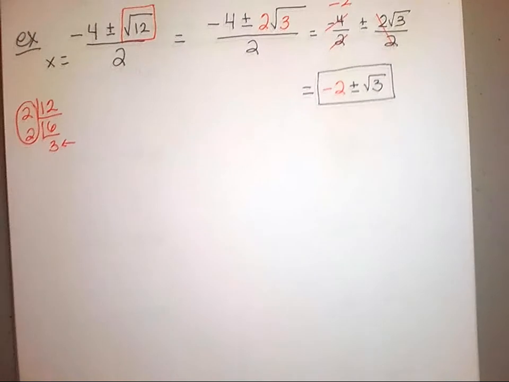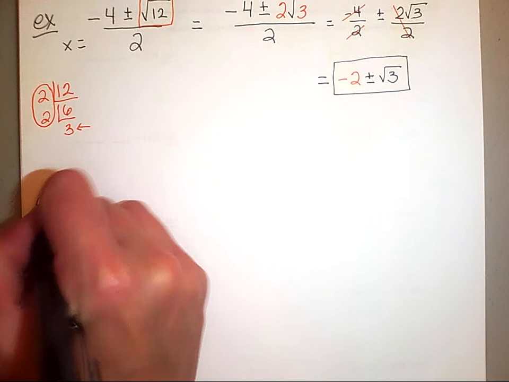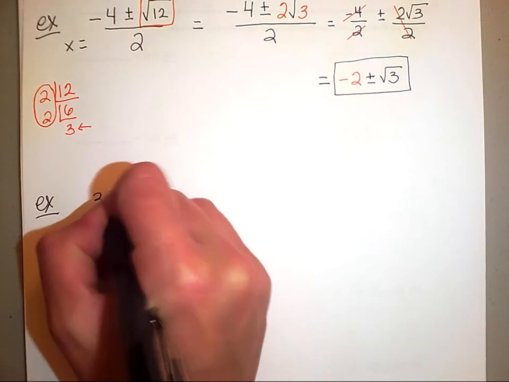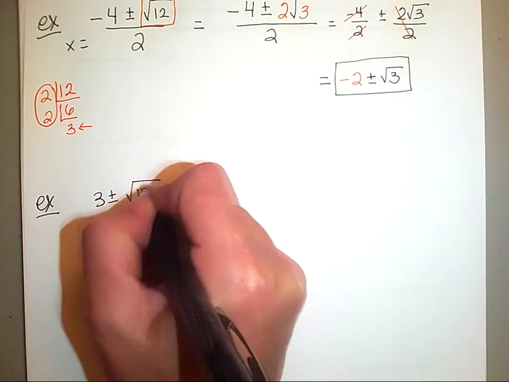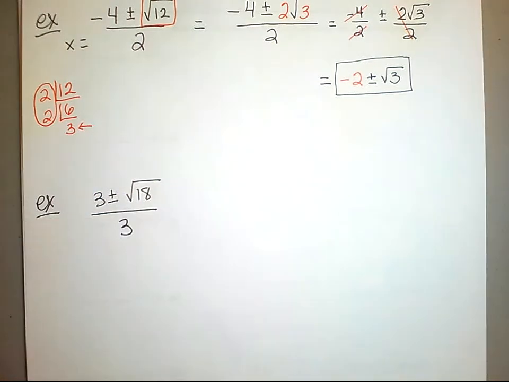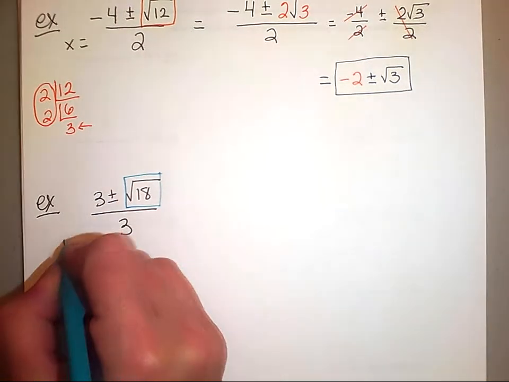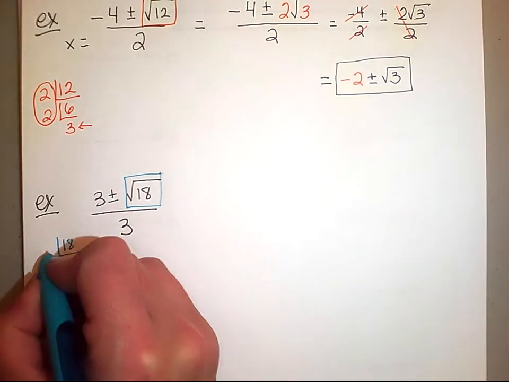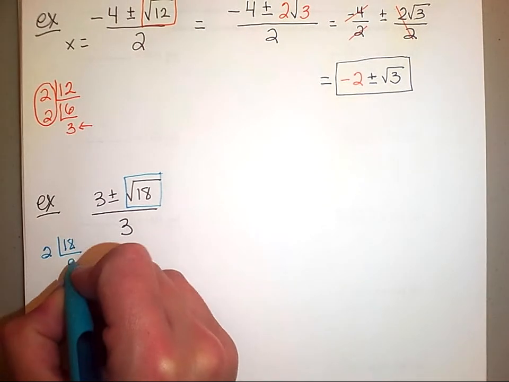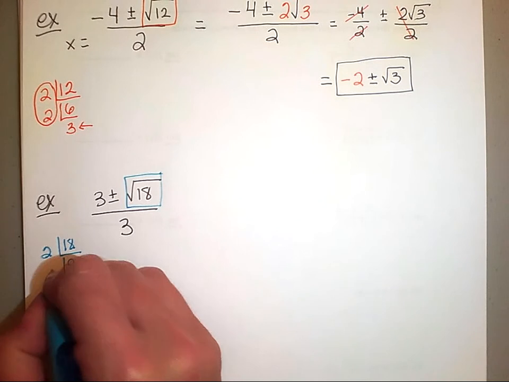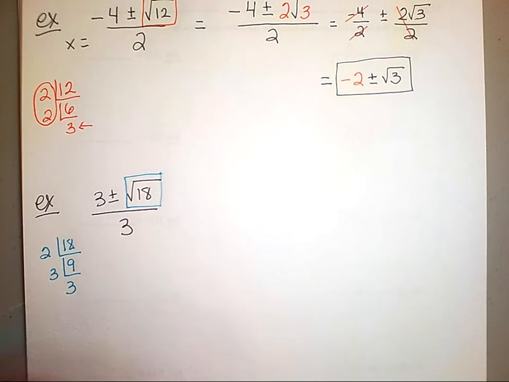Okay, let's try another one. Example, 3 plus or minus the square root of 18, all of that divided by 3. Let's simplify the square root of 18. Finding the prime factorization, 2 goes into 18 9 times, 3 goes into 9 3 times.